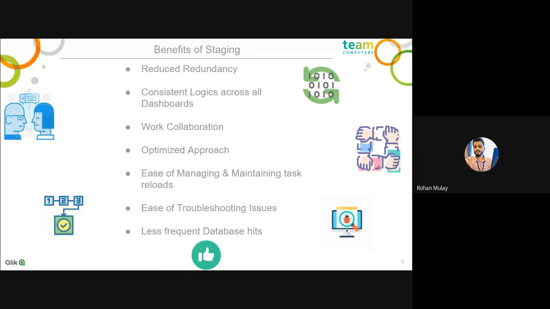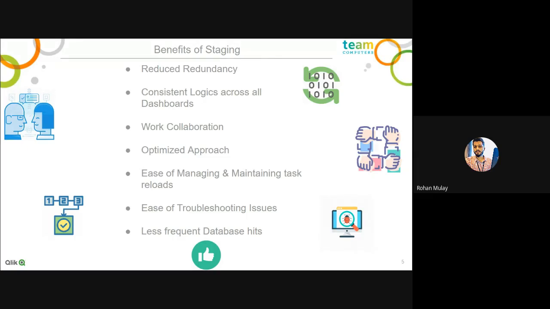But here we have the staging approach, so everyone is well aware which particular stage QVW is to be reloaded after which QVW. So there is well-maintained dependency in the staging approach. If you have any change in the dependencies, you are very much aware out of the document what you have to do. So there is easy maintenance of the reload tasks as well.